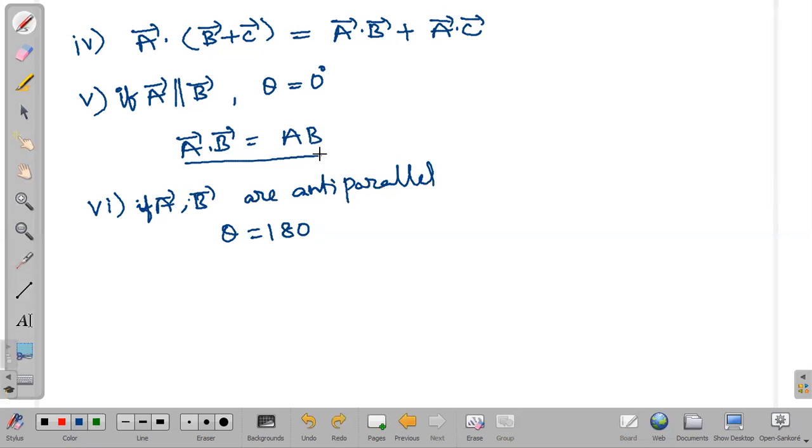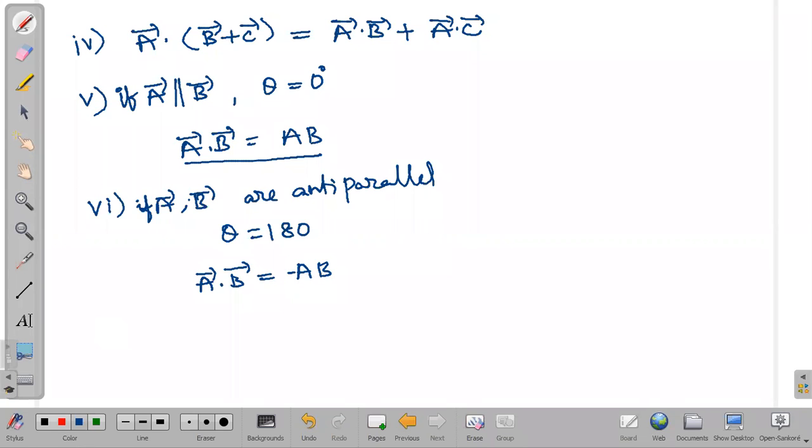So the scalar product of the two vectors will be negative. AB into cos 180, which is minus 1, so minus AB it becomes. So if two vectors are anti-parallel to each other, their scalar product will be negative.